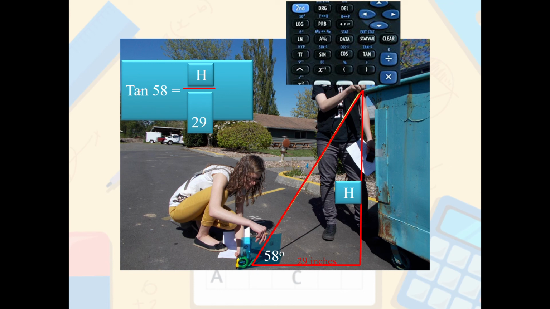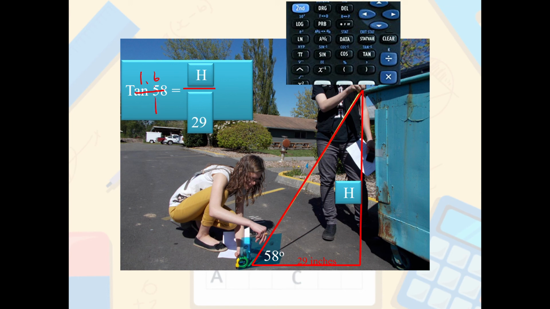There will be a number. Let me see, what is tangent 58 degrees? It's 1.6. So here, that value is 1.6.